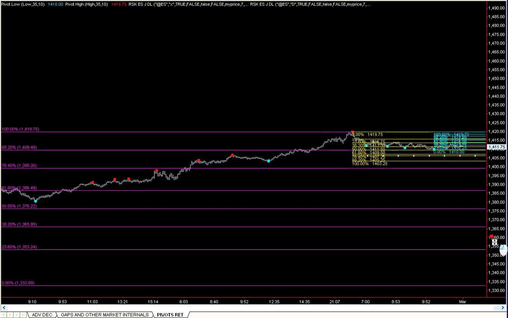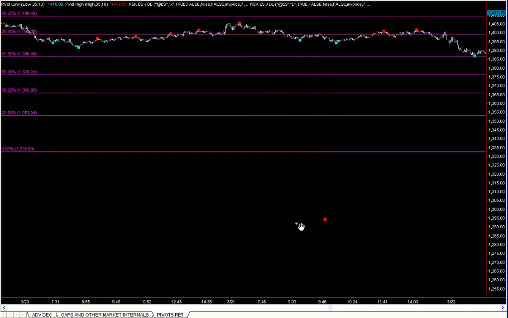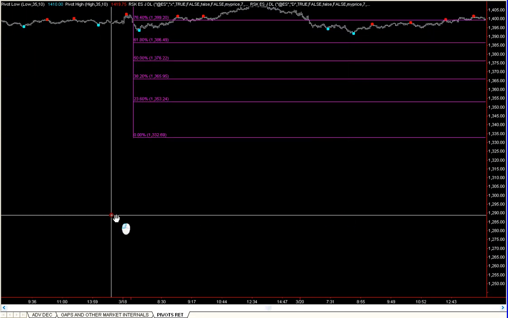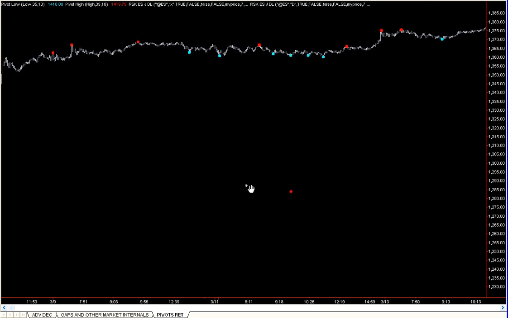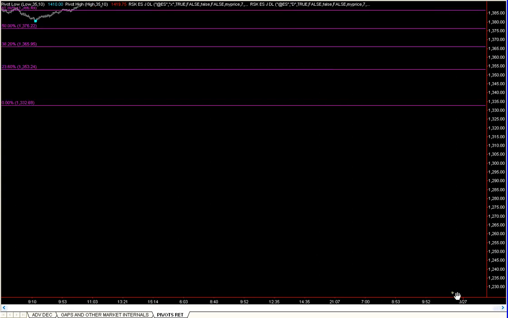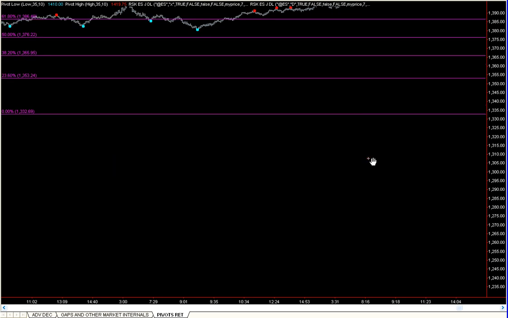So for example, we had a high at 1419.75, and the big low that occurred, which was quite some time before that, was at 1332.75.